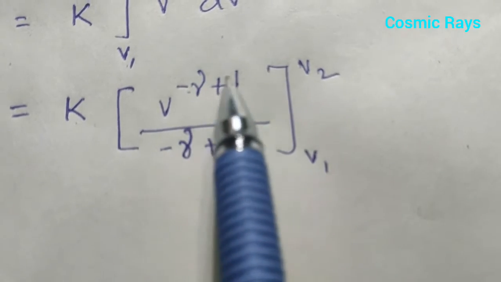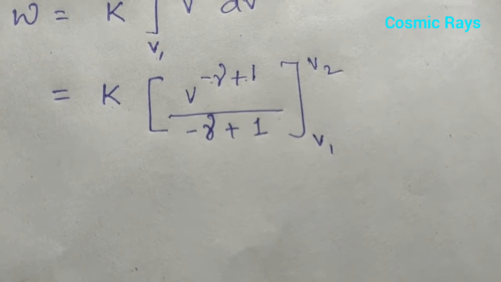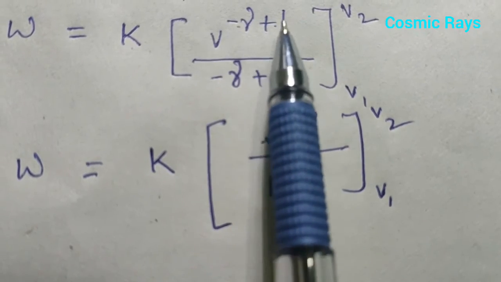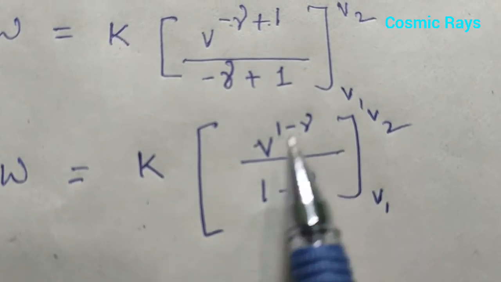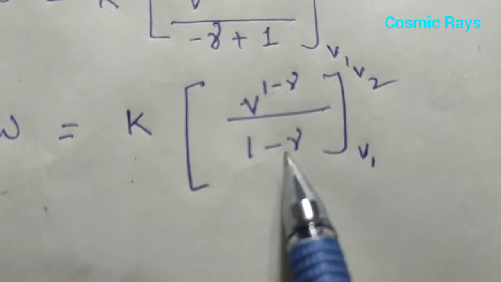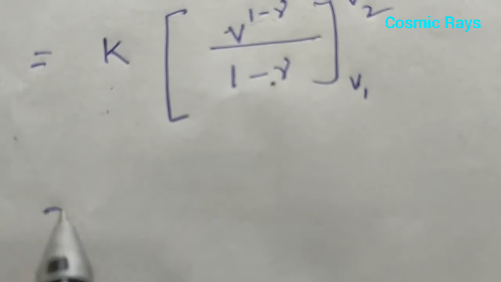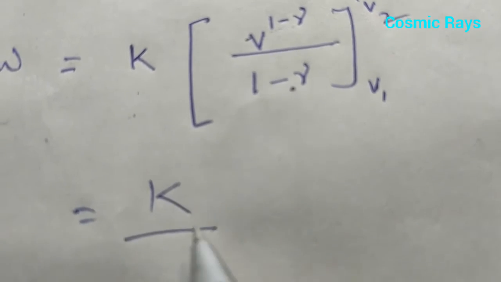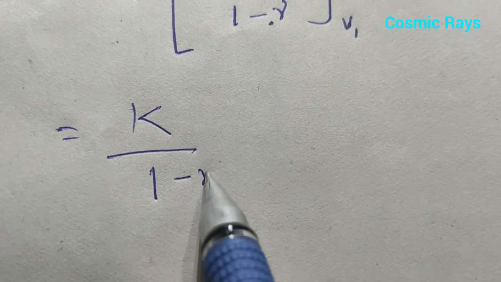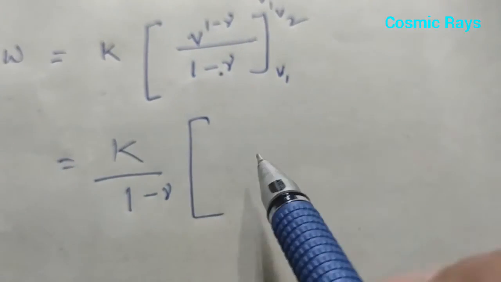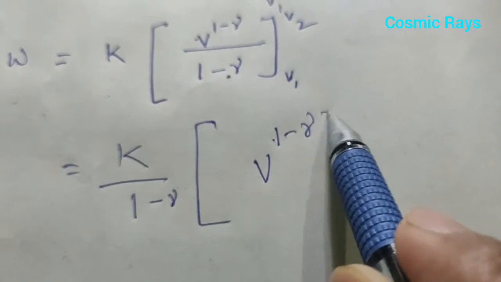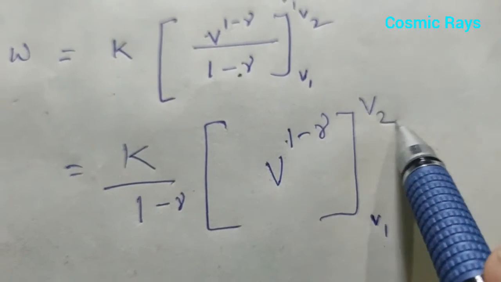So we can reshuffle the terms and we will have W is equal to K. Instead of minus gamma plus 1, we are writing 1 minus gamma, both in the power as well as the denominator. So the equation looks like K upon 1 minus gamma, and we have V to the power 1 minus gamma, with integration limits from V1 to V2.